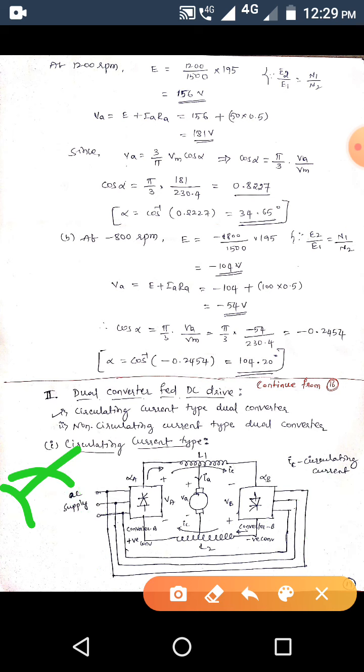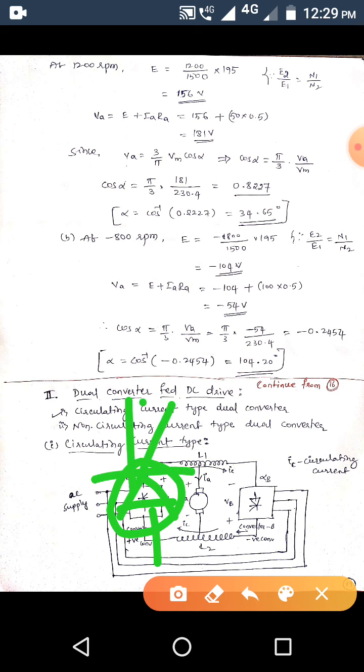The output of converter A I call VA, the armature voltage for converter A. Similarly, VB is the output of converter B, but it is in reversible operation. Converter A is in the forward direction and converter B is in reverse.